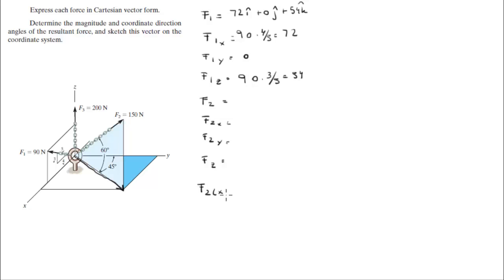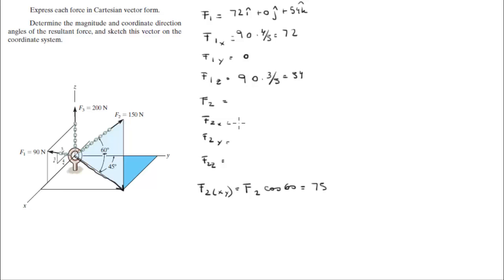We're going to label it like this. This is this projection, this one right here. And to find that, you do F2 cosine of 60, since we're given the angle right here. And when you calculate the projection, it's going to be 75.